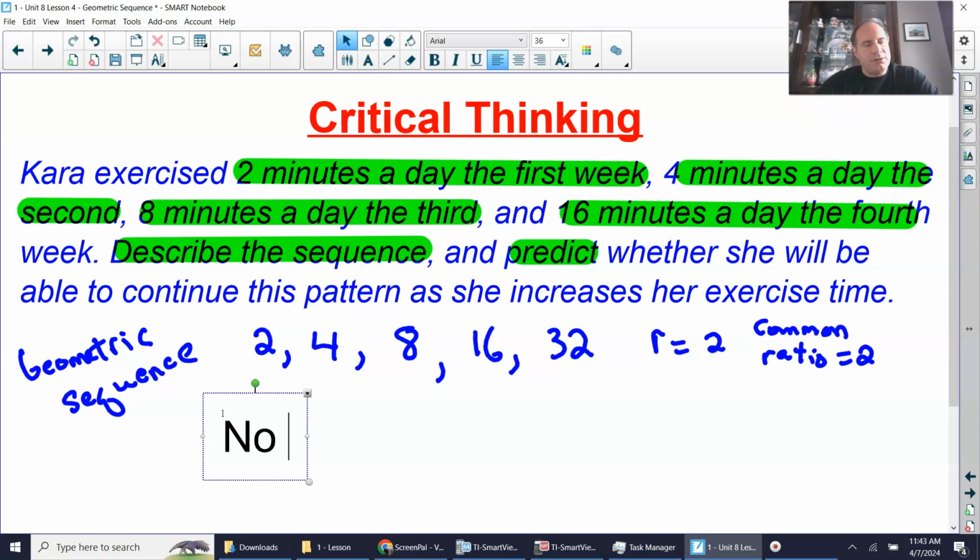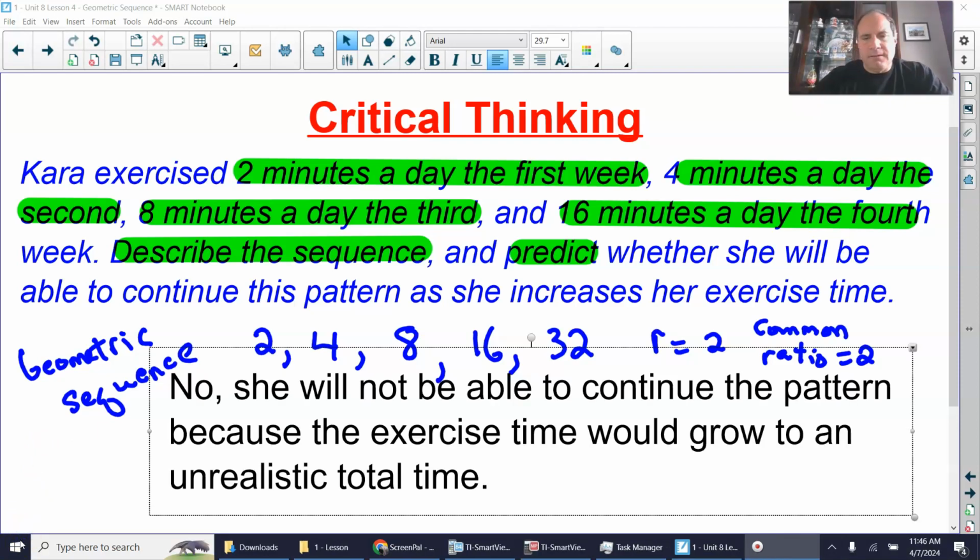There's absolutely no way. It would just be too much exercising, and you're not going to exercise if you're increasing your exercise time by multiples of 2. You're timesing 2 every single time. It's impossible. She will not be able to continue the pattern because the exercise time would grow to an unrealistic total time.